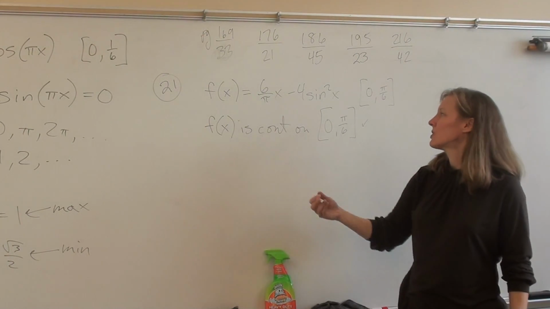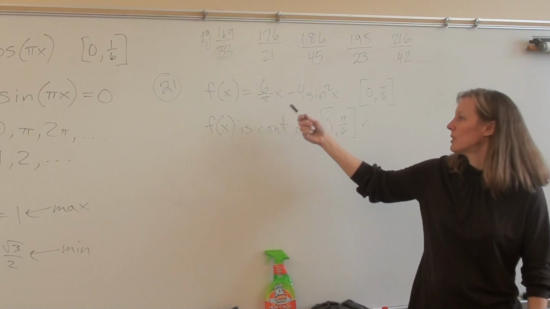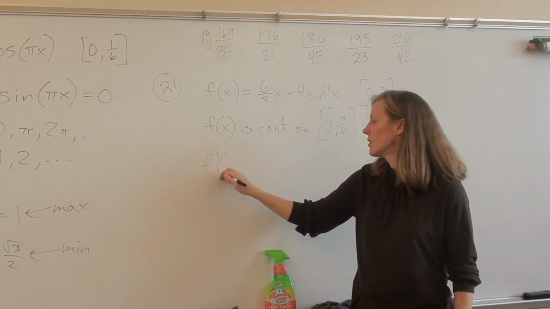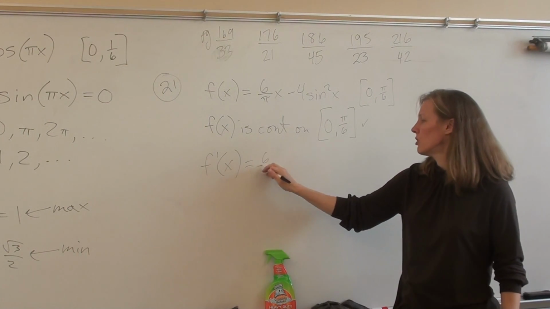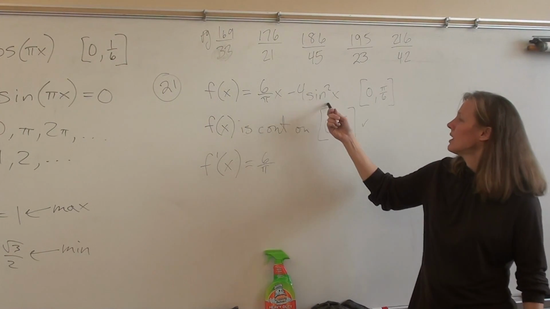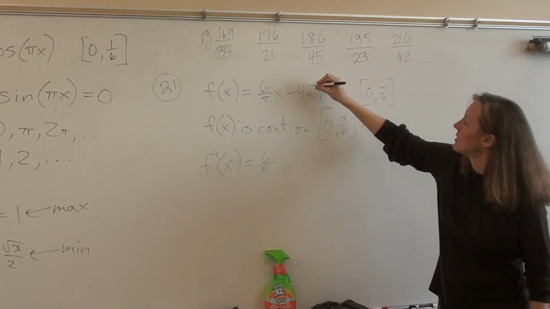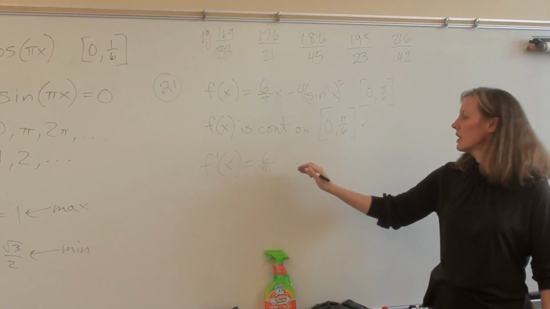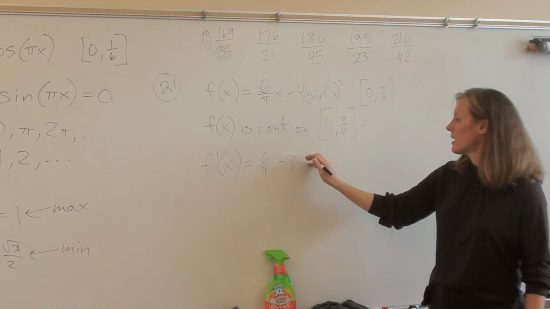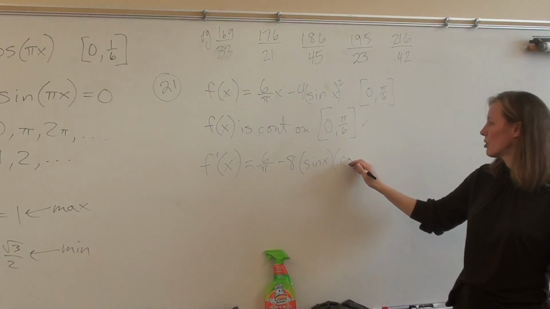Now, we need to check for differentiable. We know that sine is differentiable as well, but let's go ahead and find f prime, just to make sure. So we get 6 over pi, and then here, remember to differentiate sine squared. Think of it as sine squared like that, right? So we get negative 8 sine x to the first times the derivative of sine, which is cosine.